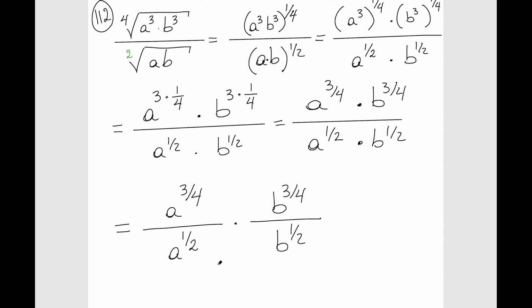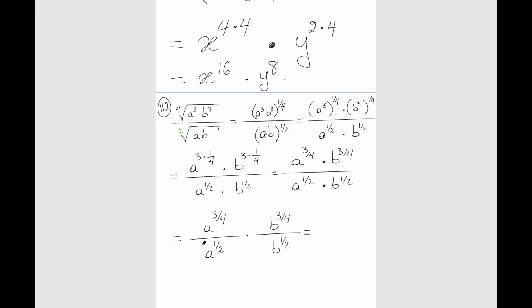If you don't trust me on this, go back. Multiplying two quotients amounts to taking the quotient of the product of the numerators and the product of the denominators. Okay, so we get this, and then each one of the two quotients looks like a quotient of two exponential expressions having the same base.